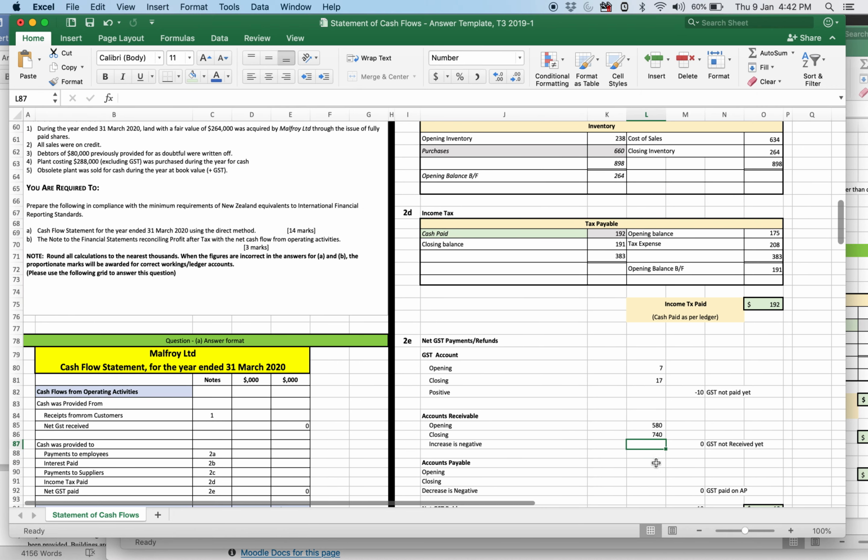Okay. Now, what we've got to do is, those figures are, so this is the change, right?